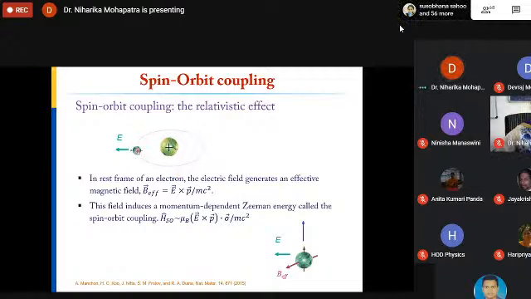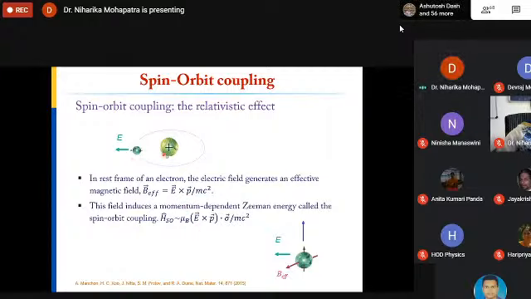Now, if you sit on the electron, in the electron rest frame of reference, you will see that the nucleus is revolving around the electron, and that creates a magnetic field. This effective magnetic field is E cross v over c squared, and it is experienced by the electron revolving around the nucleus.